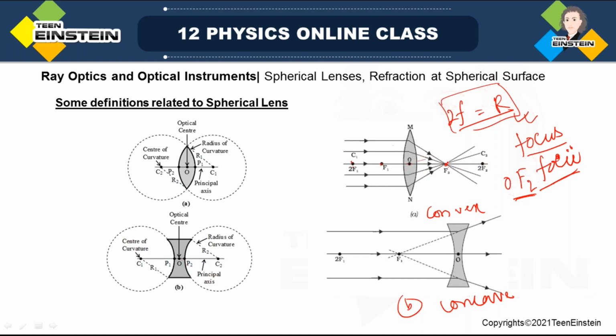So the rays will meet over here. In the case of a concave lens, they will appear to diverge from a point here. If any ray goes through the center, it will pass through without any deviation. In the case of a concave lens also, the same thing: without any deviation they can pass. One more point is here.